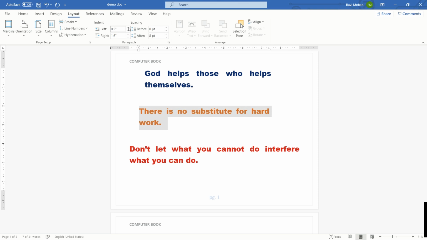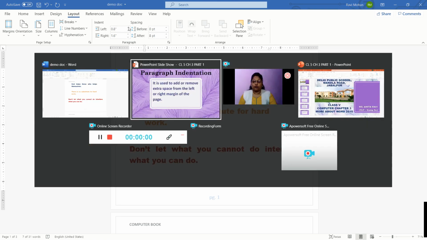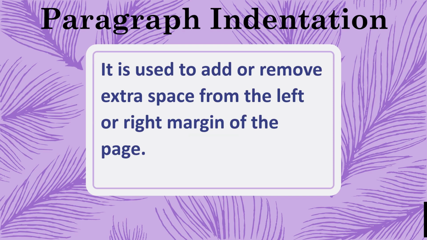So in this way, children, you may arrange the indents as per the requirement of your document. These can again be set to normal by clicking on the auto or by clicking on the 0 option from the menu.